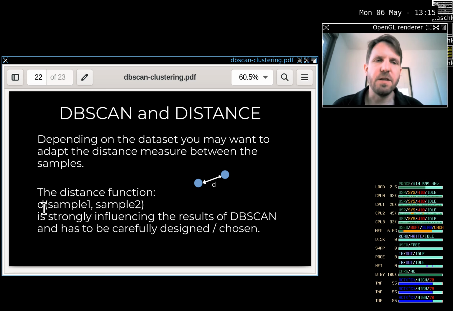Of course, you can use the Euclidean distance or the Manhattan distance in order to do this, so the L1 or L2 distance. There are several other distances which are defined to be a metric. You just have to think about what you want to have, and there are all kinds of distance functions that you could use with this DBSCAN algorithm, depending on the problem that you want to solve. In a simple case, you can just stick to the Euclidean distance and try it out. Of course, it depends on what you want to have.